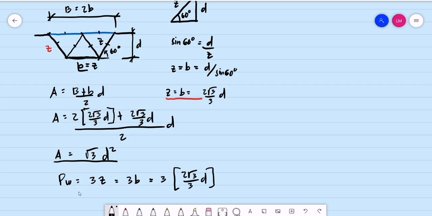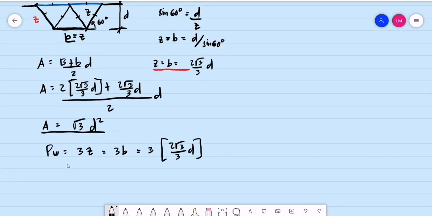If we simplify, the wetted perimeter for the most efficient trapezoidal section is basically 2 square root of 3 multiplied by the depth.